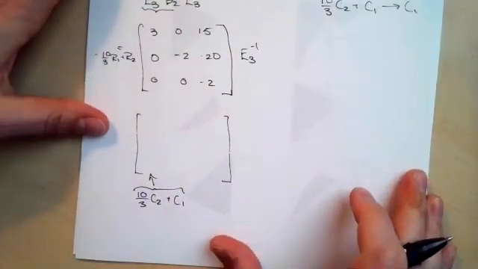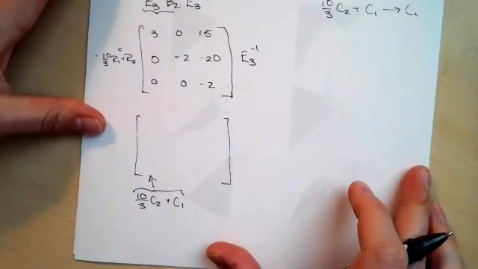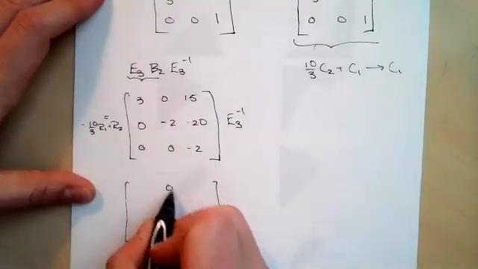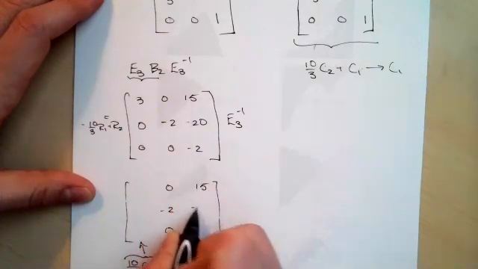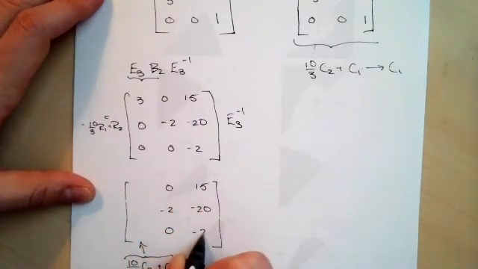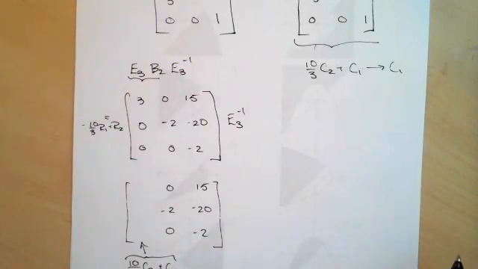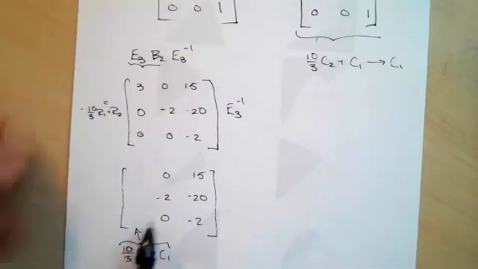What does that tell us? That tells us that the second column and the third column aren't going to change. So those are easy enough to just write down. And then now we just have to perform this operation on column 1.